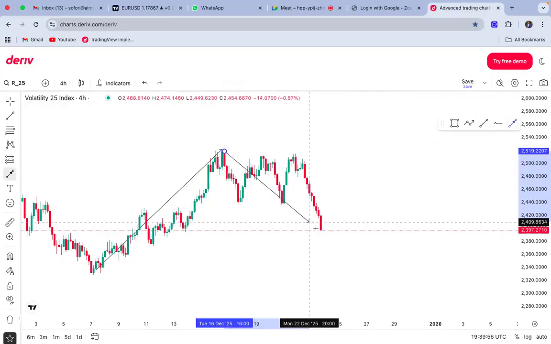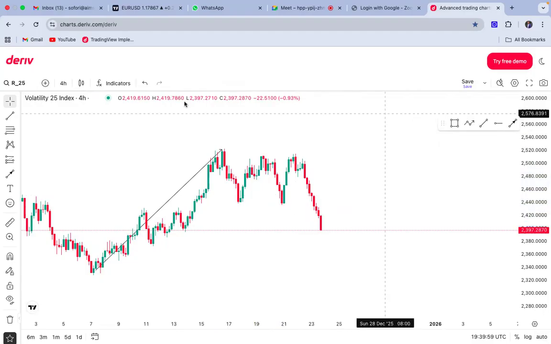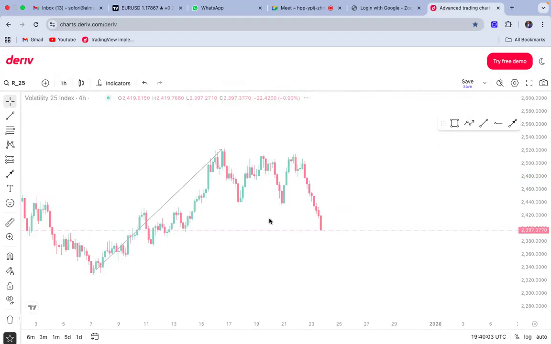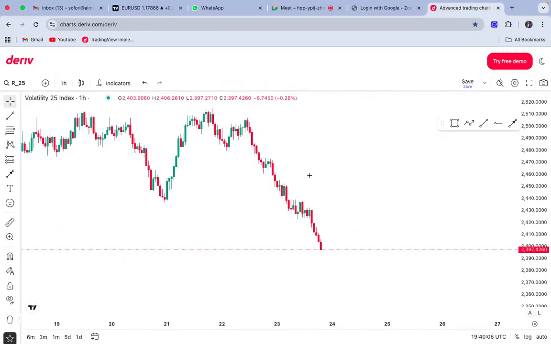If I go to a much lower time frame, you will see it well. You see the trend. It goes up and then down, up, down like that, and then it keeps dropping. So what is happening now is a downtrend. It is selling.